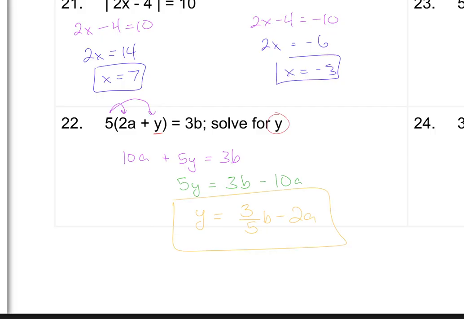This is one possible way of seeing the answer. Another possible way is like this. Sorry, 5. Either one, it makes it happy.